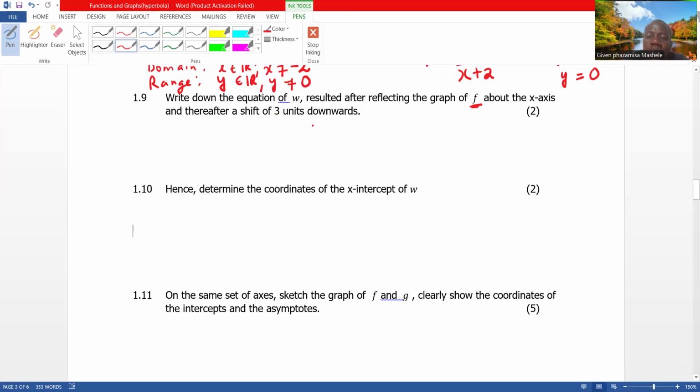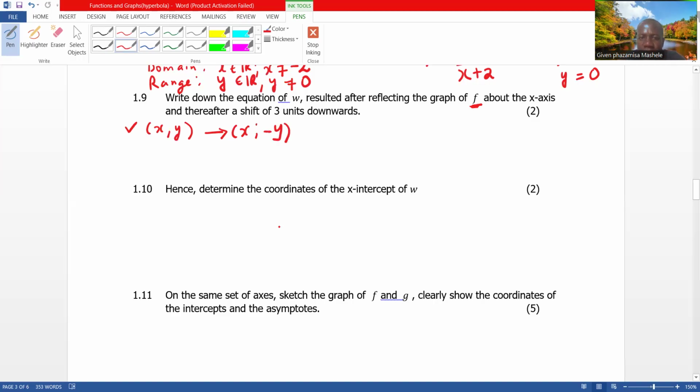So we know that when we are reflecting a graph, for the first one, we need to do a reflection. According to the statement, reflection about the x-axis means x will not change. What is to change is the y. So if y was positive, then it will now become negative.